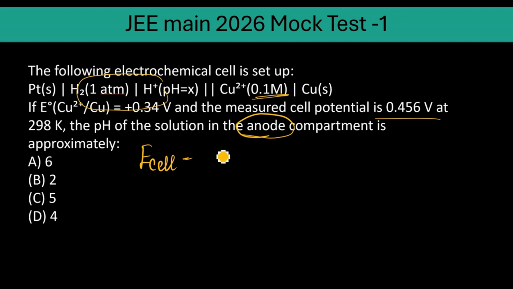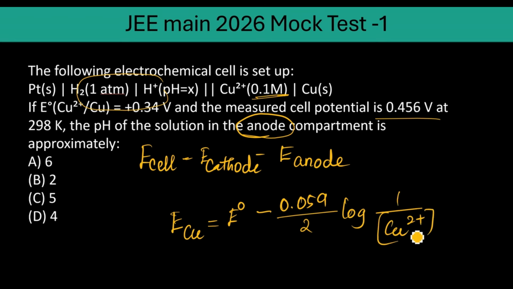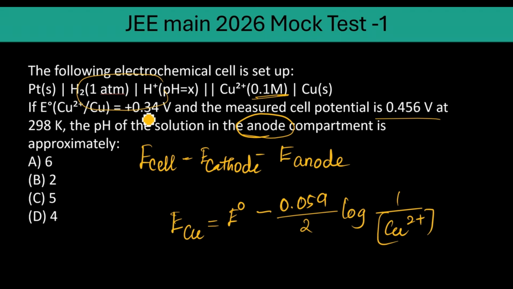E cell is equal to E cathode minus E anode. Right. So let's find out for copper. For copper, E naught minus 0.591 divided by 2 log of 1 by copper 2+. Substitute the values over here. You will get copper 2+ concentration is 0.1, right?